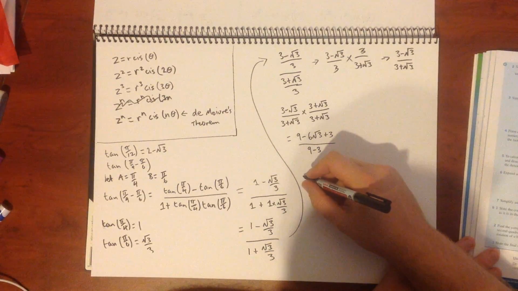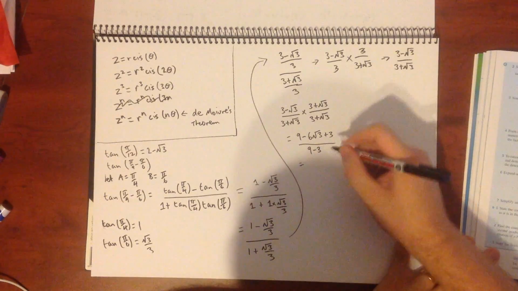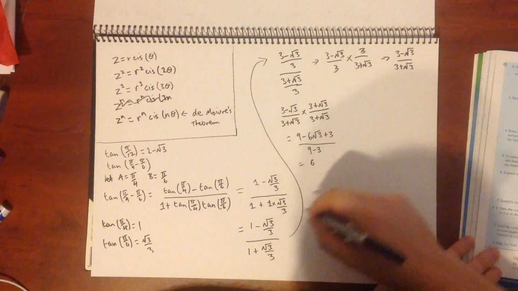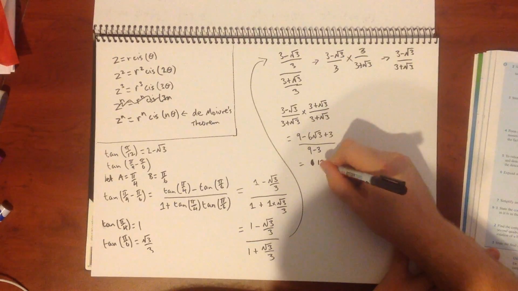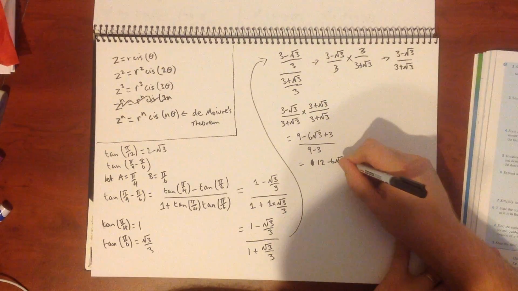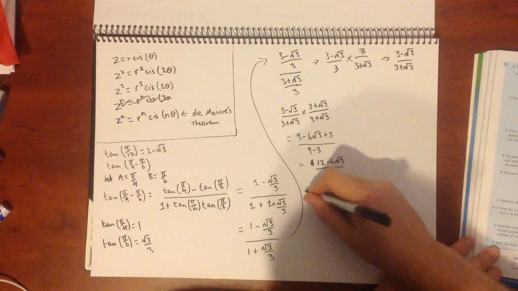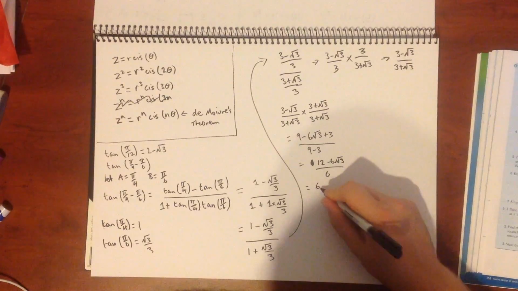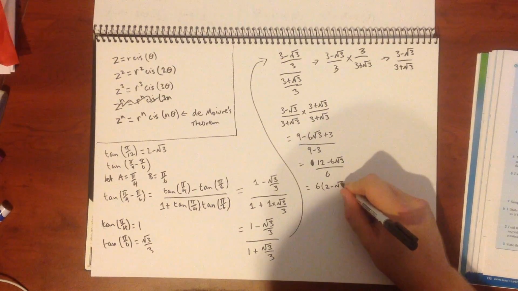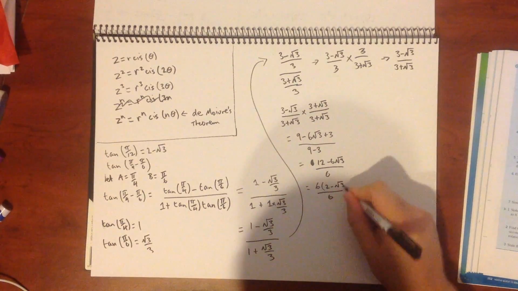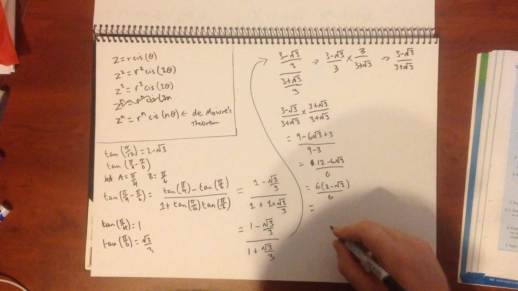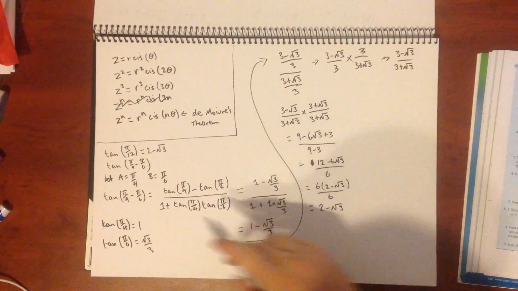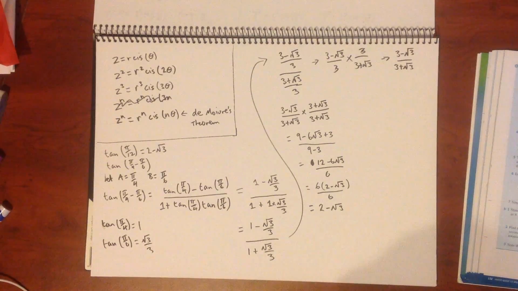If we keep going, we get 12 take 6 root 3 over 6. We can simplify further. We take 6 out and go 6 outside of 2 take root 3 on 6. The 6 is cancelled out. We come finally down to 2 take root 3, which is what we were after to start off with.